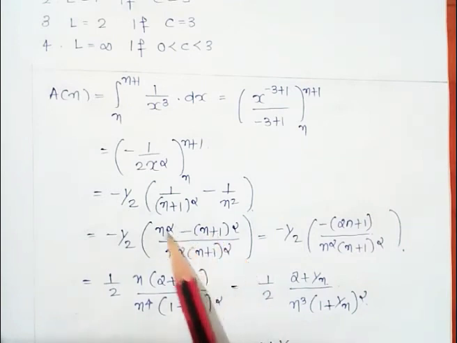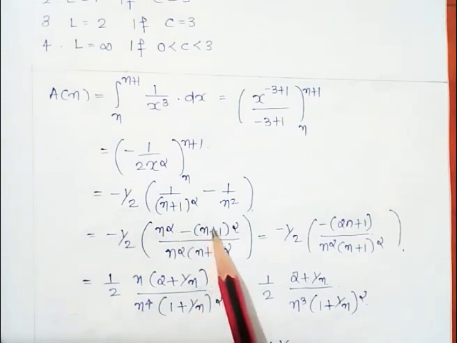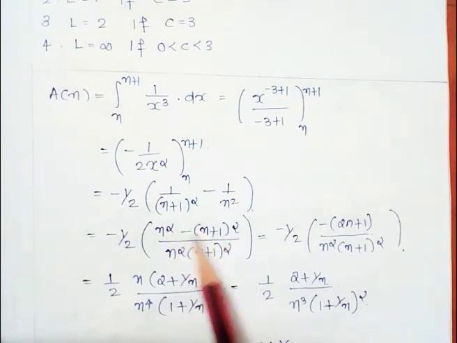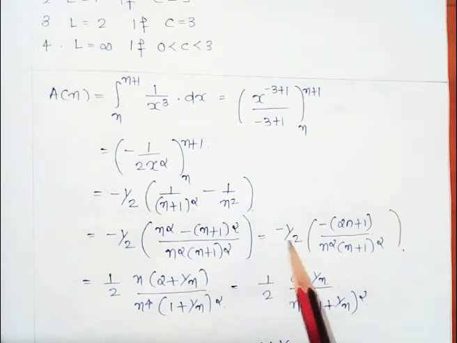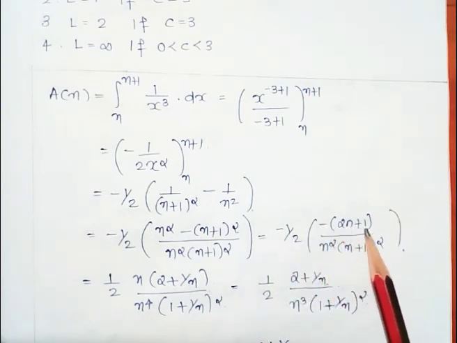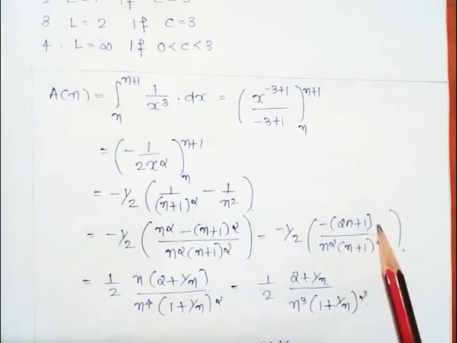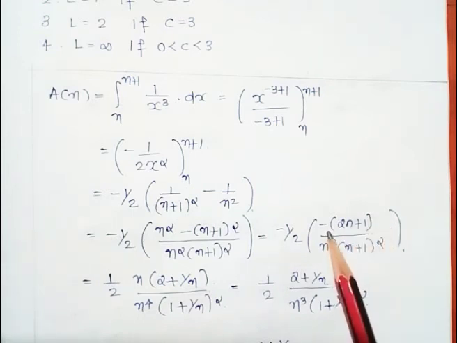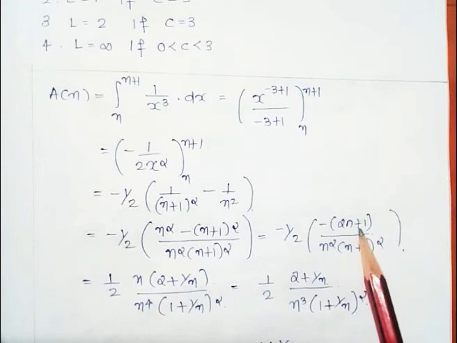While expanding (n+1)^2, we get n^2 plus 2n plus 1, so this is equal to minus 1 by 2 into minus 2n minus 1, then taking a minus common outside, we get minus of (2n+1) divided by n^2 into (n+1)^2.